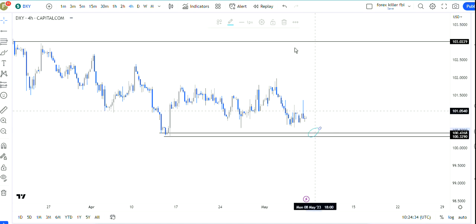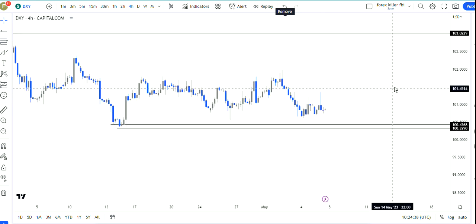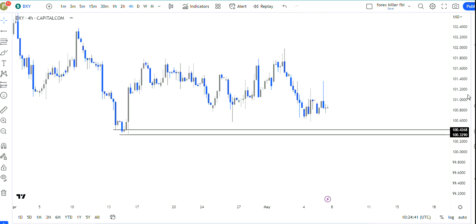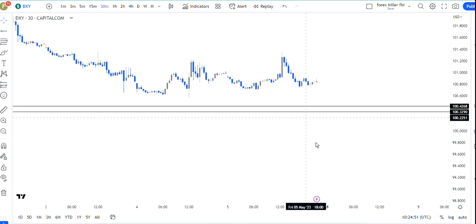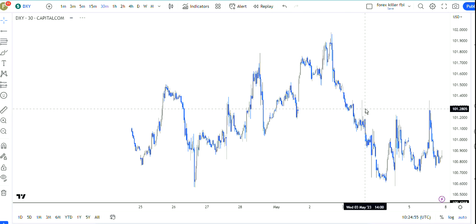If you see this opportunity of going down here, you have to go to 30 minutes as a coordinate of the 4 hour time frame. What is going on on the 30 minute time frame?